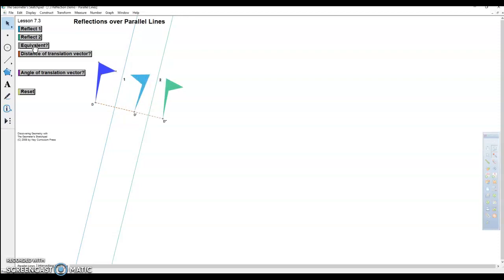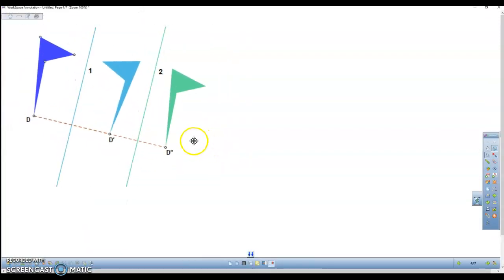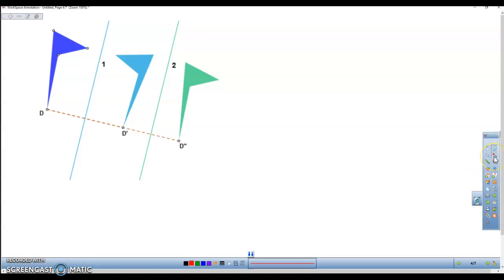And the next thing is the distance of that translation vector. The easiest way for me to demonstrate that is to screen grab this and show you over here. So when we have a reflection, we know that this distance from the original point to the first line of reflection is the same as from that line of reflection to D prime.